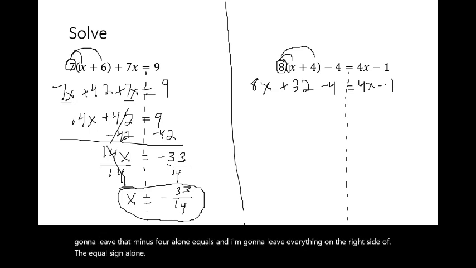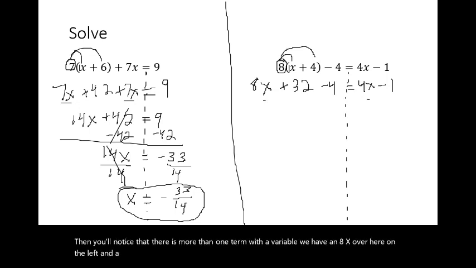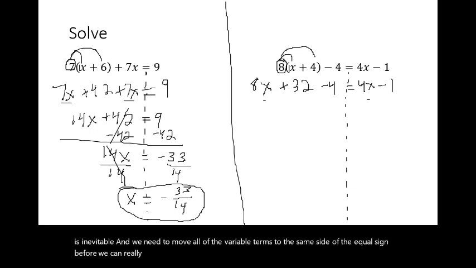Then you'll notice that there is more than one term with a variable. We have an 8x over here on the left and a positive 4x over here on the right. So since they're both positive, some subtraction is inevitable, and we need to move all of the variable terms to the same side of the equal sign before we can really start getting the variable by itself.